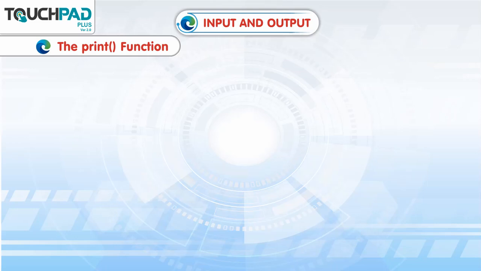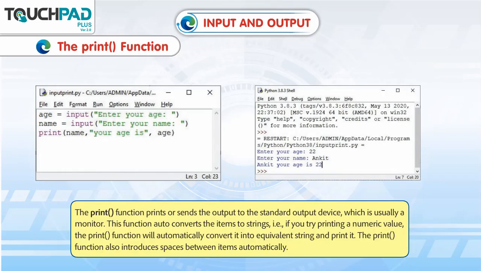the print function. The print function prints or sends the output to the standard output device, which is usually a monitor. This function auto-converts the items to strings. That is, if you try printing a numeric value, the print function will automatically convert it into the equivalent string and print it.